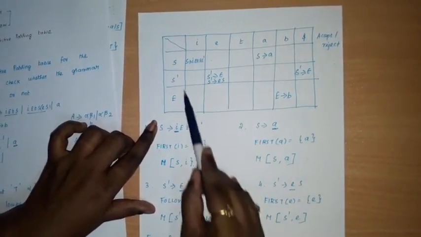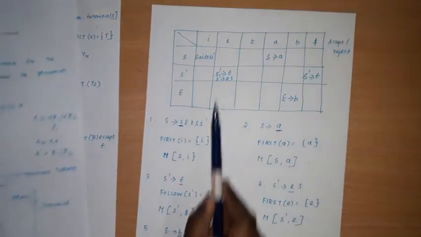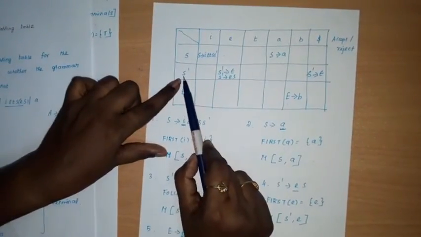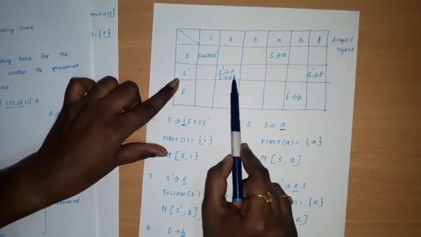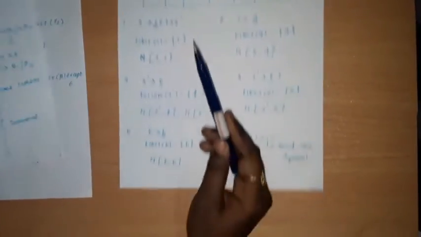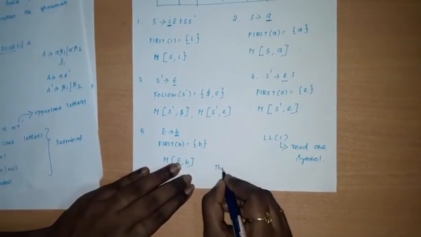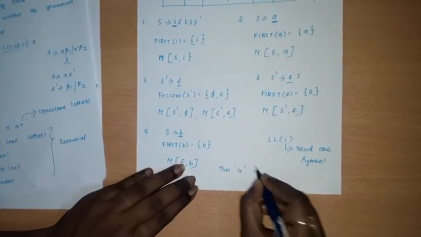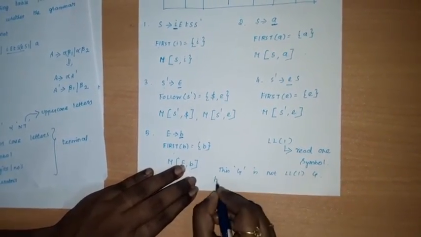If every entry has only one entry, the given grammar is LL(1) grammar. But here the non-terminal S' and the terminal e has a double entry, which means multiple entries. So this grammar is not LL(1) grammar.